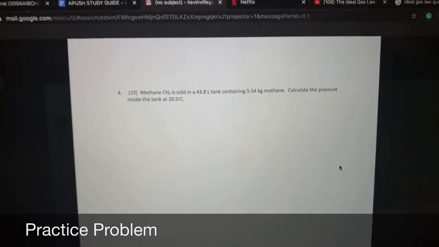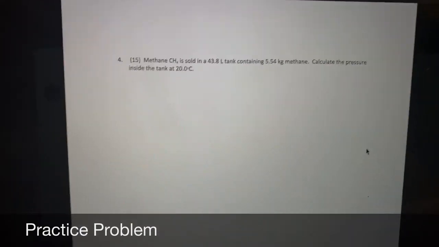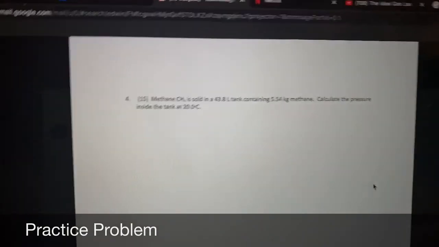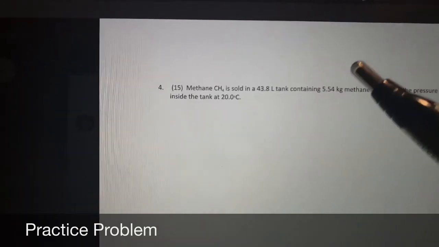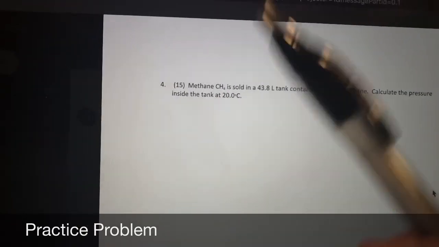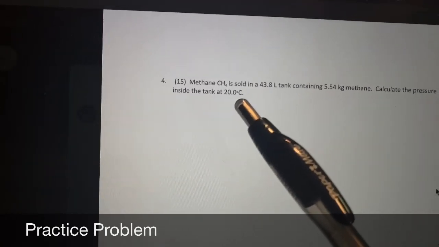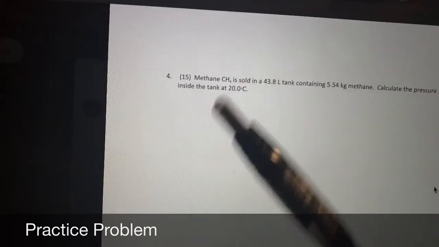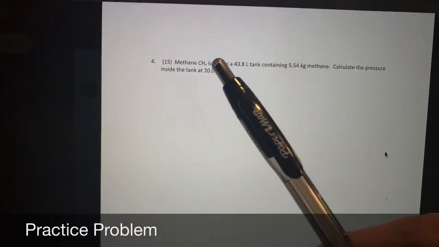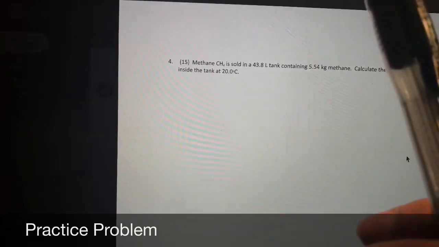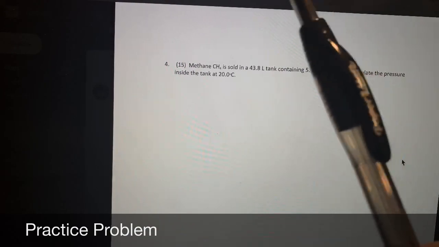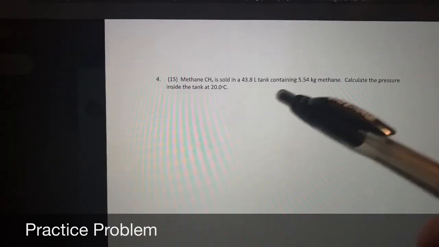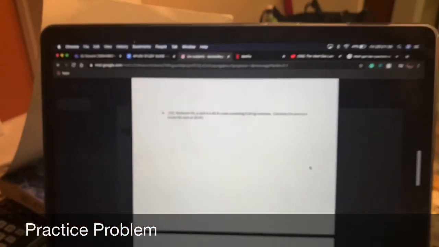The kilograms need to be converted to grams first, and the 20 degrees Celsius needs to be converted to Kelvin. I like doing this first before I start figuring out the pressure, because then I'll know that I didn't make a mistake and I'm all good. So we can begin by doing that first.